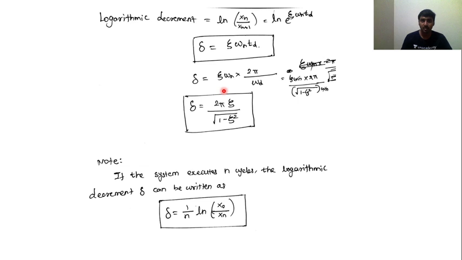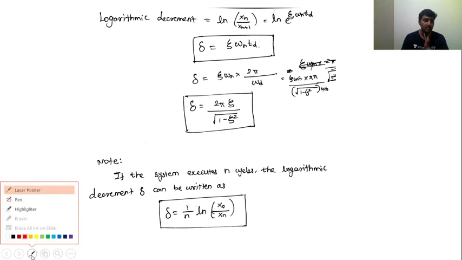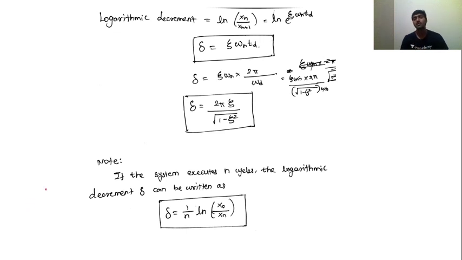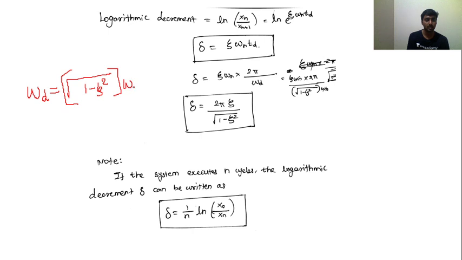Now substitute the damped time period td, which is equal to 2 pi divided by omega d. The relation between the natural frequency of undamped vibration and damped vibration is given in terms of omega d. The natural frequency of damped vibration is equal to root of 1 minus zeta square into omega n.